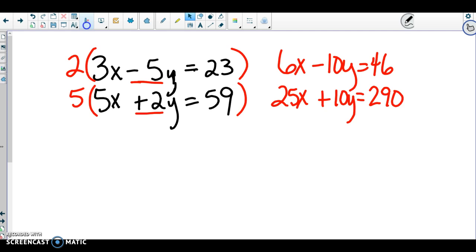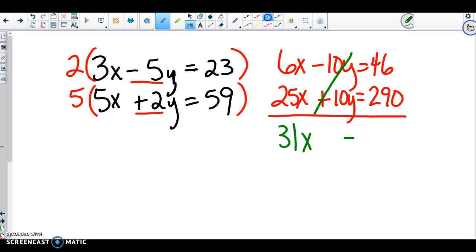Okay. Well, now I'm going to add because I have one positive and one negative for the 10. So if I do that, those are going to disappear. And I have 31x equals 336. Is that right?